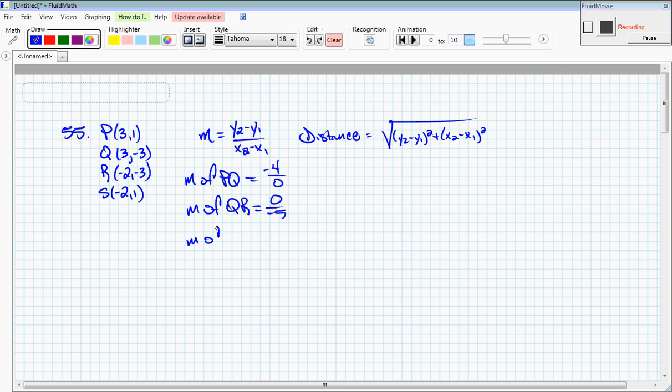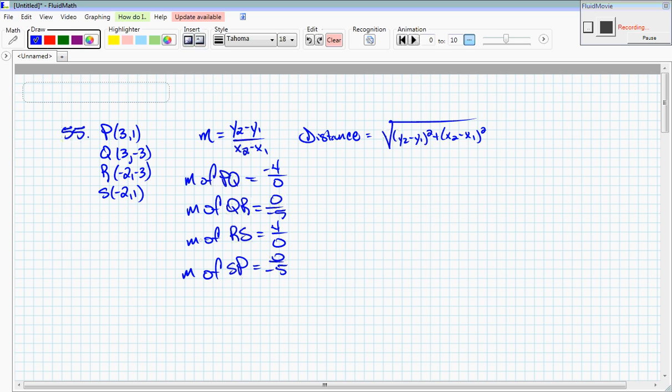We're going to find the slope of SR. Not that this would matter, we'll do RS just to stay consistent. We have RS, 1 minus a negative 3 is 4, negative 2 minus a negative 2 would be negative 2 plus 2, which would be 0. And then we're going to find the slope of SP, 1 minus 1 is 0, over negative 2 minus 3 is a negative 5.